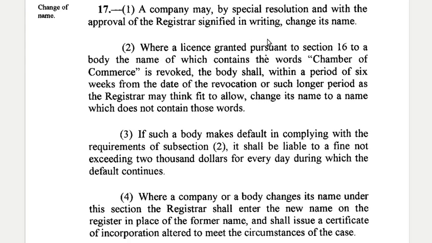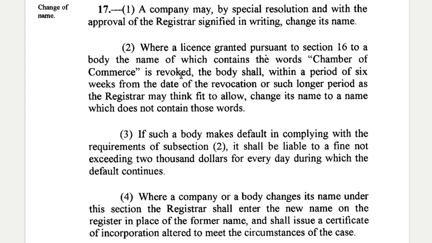Subsection 2. Where a license granted pursuant to Section 16 to a body the name of which contains the words Chamber of Commerce is revoked, the body shall, within a period of 6 weeks from the date of the revocation or such longer period as the registrar may think fit to allow, change its name to a name which does not contain these words.